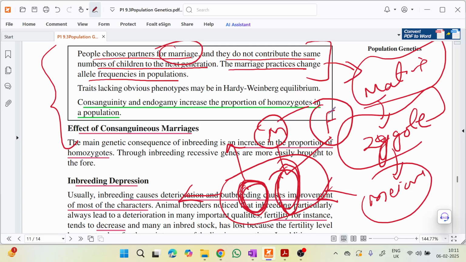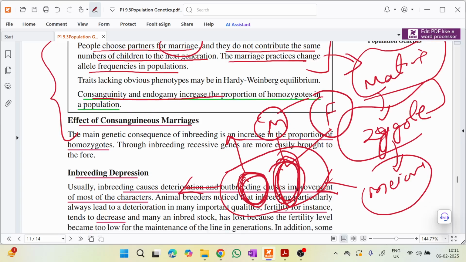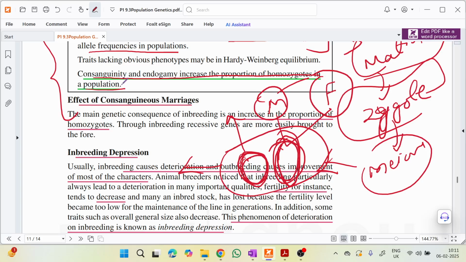If both of them have bad genes, then children are likely to inherit the same negative consequences. Then consanguinity and endogamy increase the proportion of homozygotes in the population. Yes. Now this is the gist of the whole chapter.